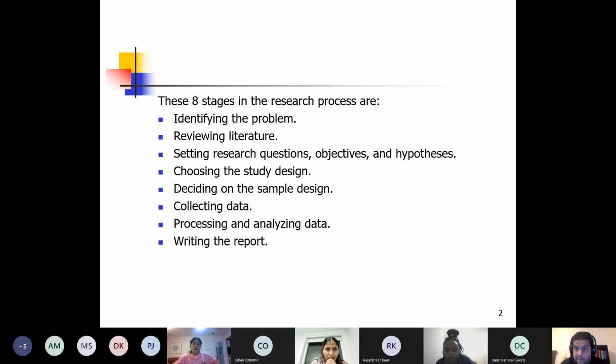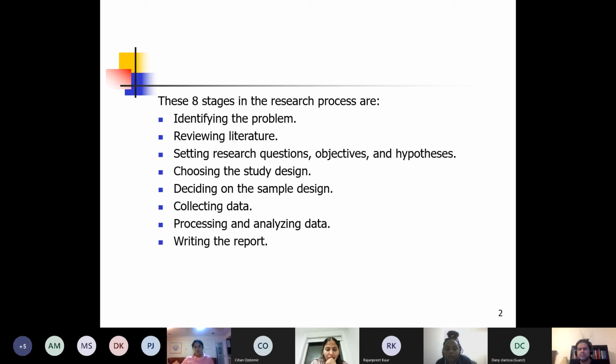Okay, you get it? Do we have any other primary sources? Of course, we might have, but let's focus on those very main three ones. Okay? If I don't want to do a field research at all, and I don't want to go to the field at all, and I don't want to gather information from the people at all, and I say that I will only use secondary sources.